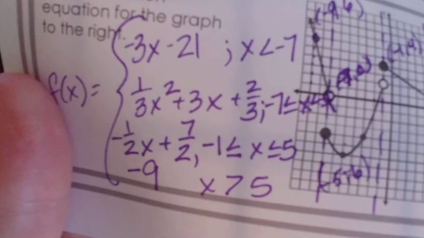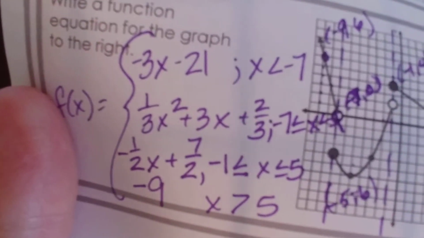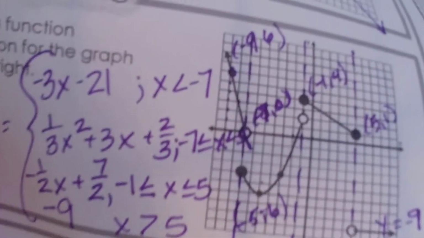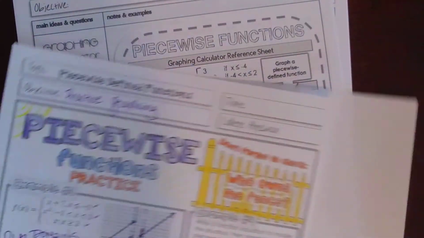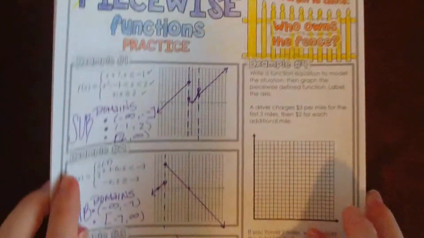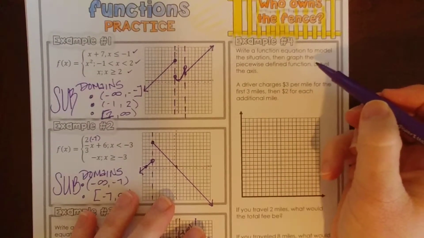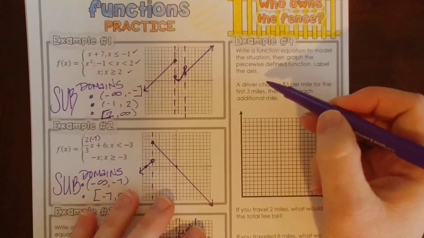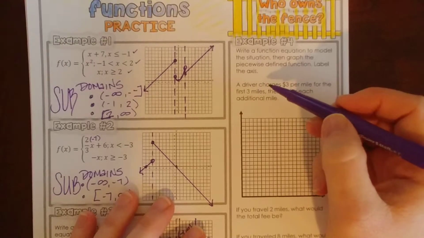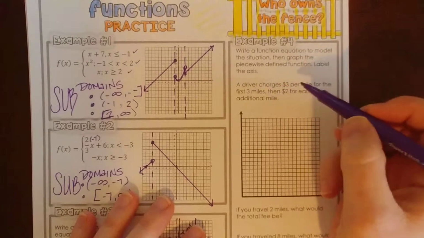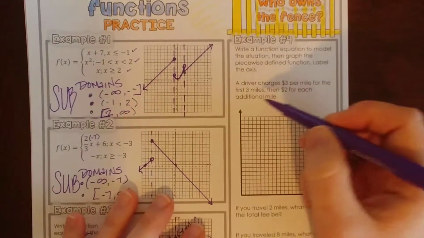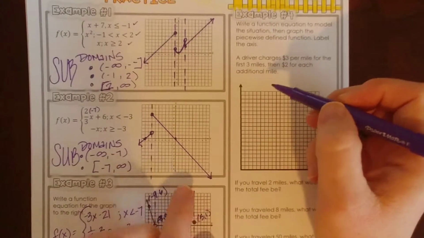Okay. My last part here deals with some driver fees. We're going to write an equation that models this situation, and then graph the piecewise defined function. So a driver charges $3 per mile for the first 3 miles.